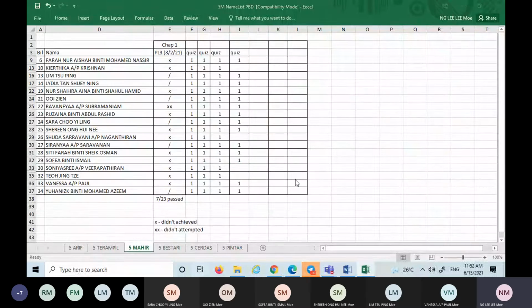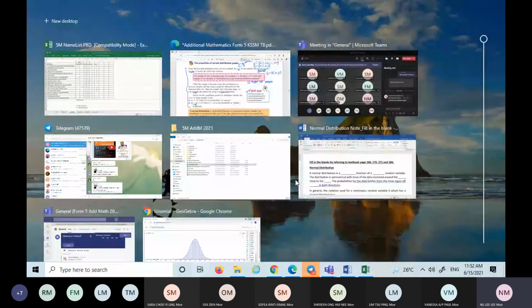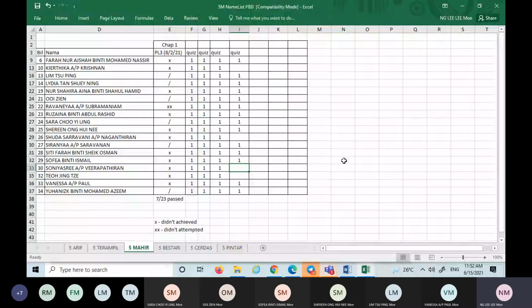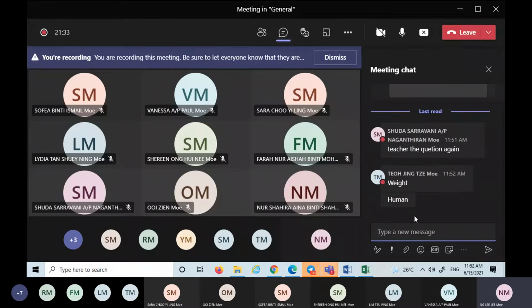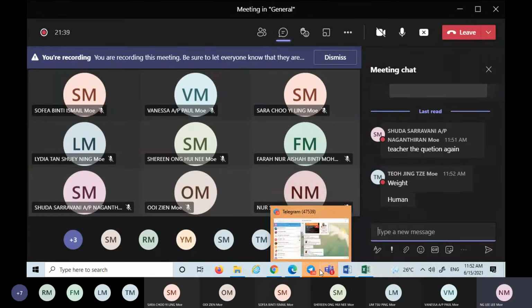The other three? Okay, weight. Weight of what? Watermelons, humans, people? Okay, so this is 2 examples already.